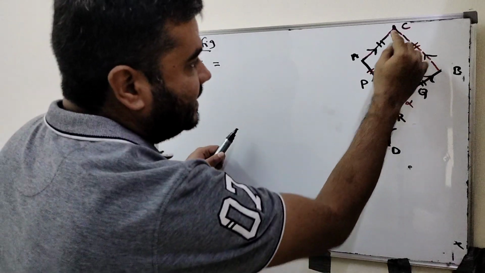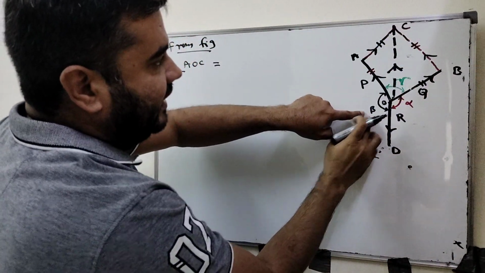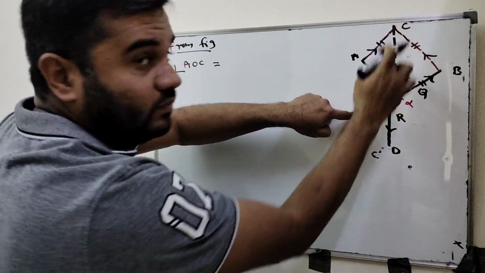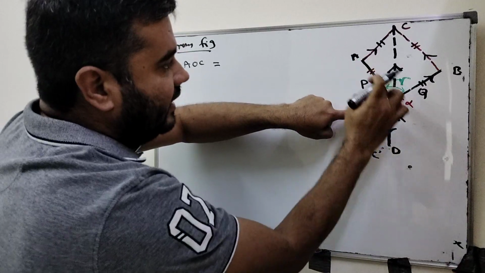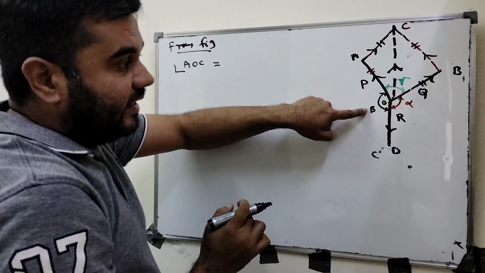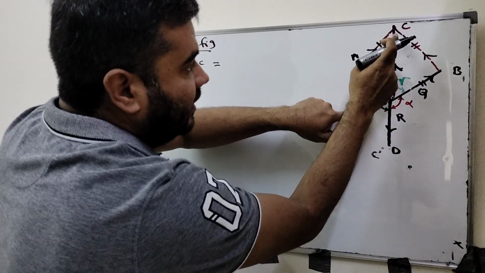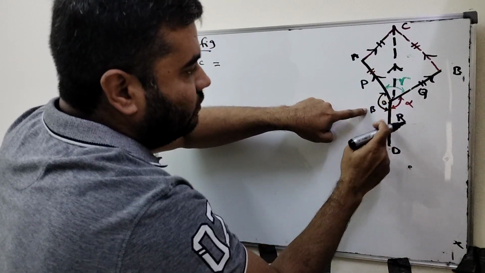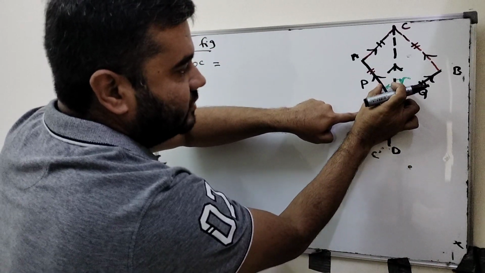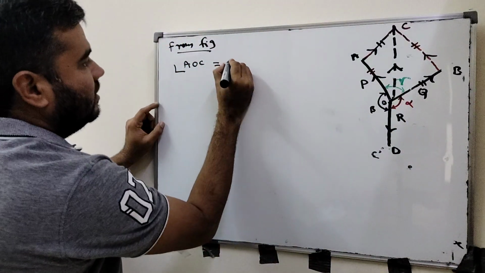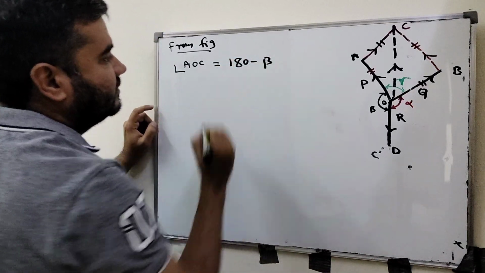See here, beta is here, this line is 180, so 180 minus beta is angle AOC. Are you getting my point? This line is a total of 180.